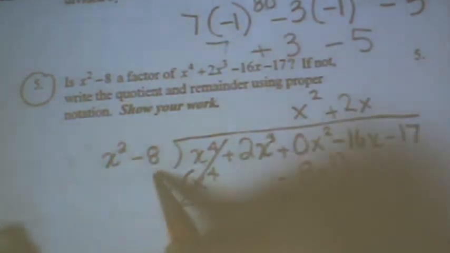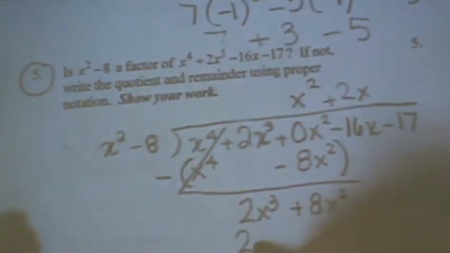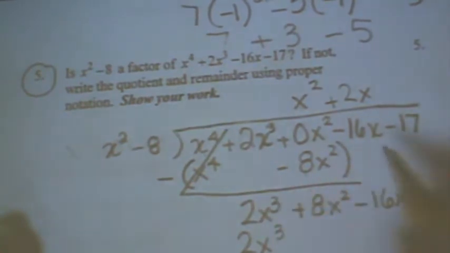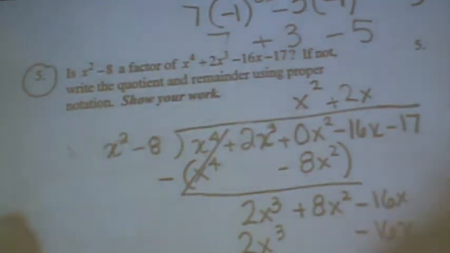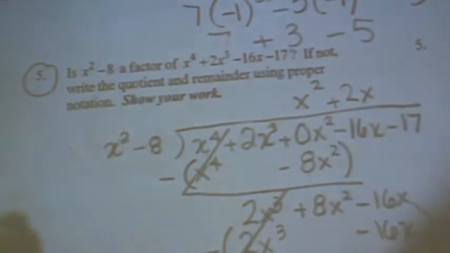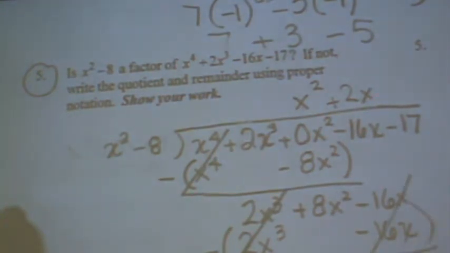So this times these two is 2x cubed minus 16x, right? So when I subtract, I get 8x squared, these cancel, and I have to bring down minus 17.